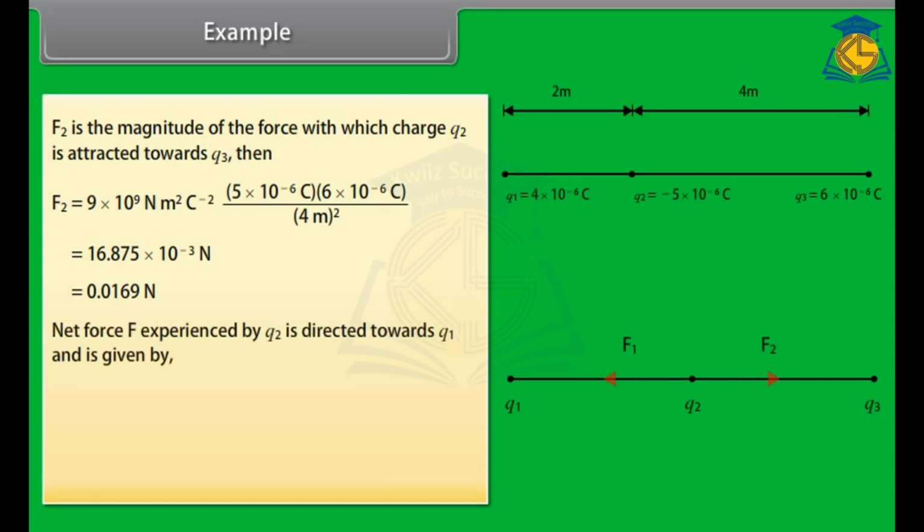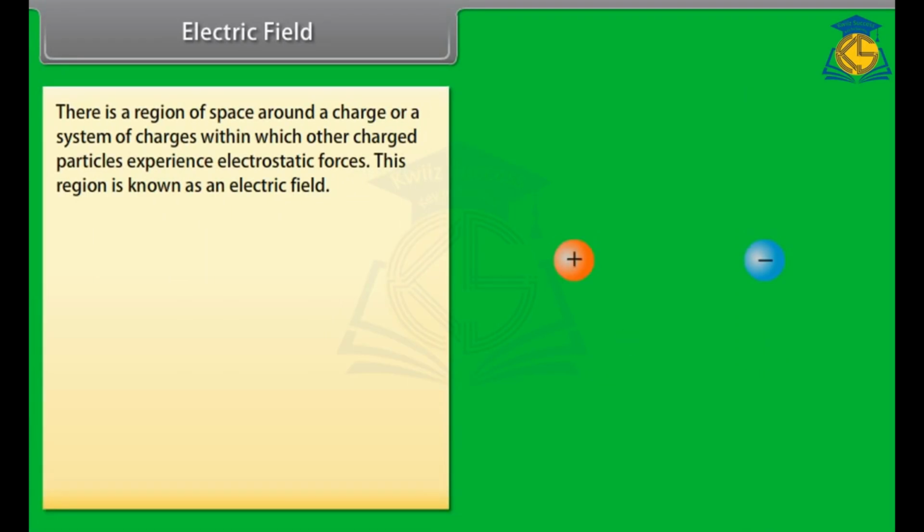Net force F experienced by Q2 is directed towards Q1 and is given by F = F1 − F2, which equals 0.045 − 0.0169 Newton, which is equal to 0.0281 Newton.